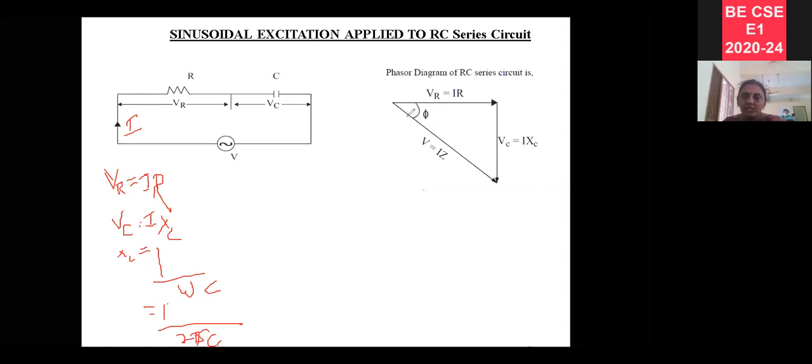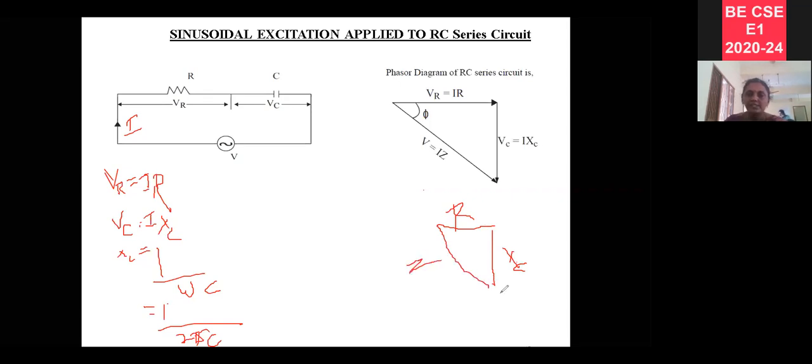Now this will be the resultant voltage. As this is the resultant voltage, now neglecting all the current and voltage, I will get a triangle like this. So this value will be R, and this value will be XC, and this is going to be the impedance, right?